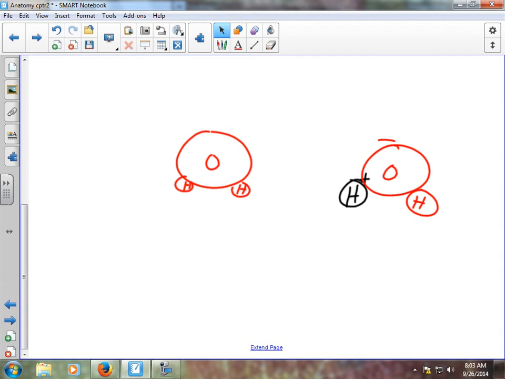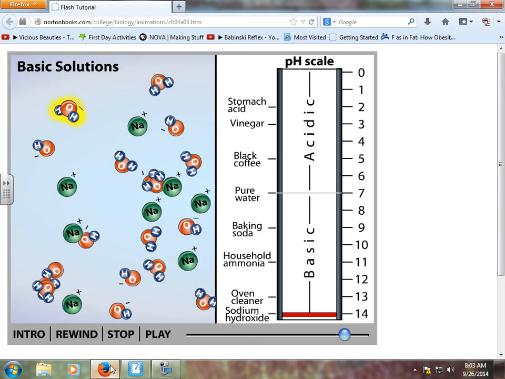It's going to really crash it, because any H3Os that are out there, it's going to steal those away and make water over and over and over again. So that's what it's showing here. If there were any H3Os, I don't see any in this whole picture. That's because you've got all these OH negatives floating around, stealing away that little extra hydrogen.